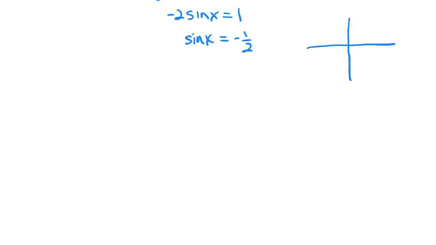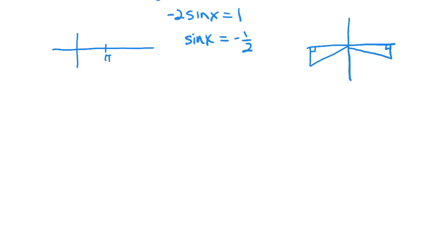Sine is negative wherever y is negative. So y is going to be negative in the third and fourth quadrant. So we've got an angle here and here. And you could also think of it like this if you just think of the sine graph.